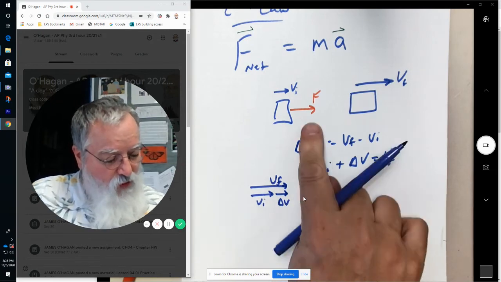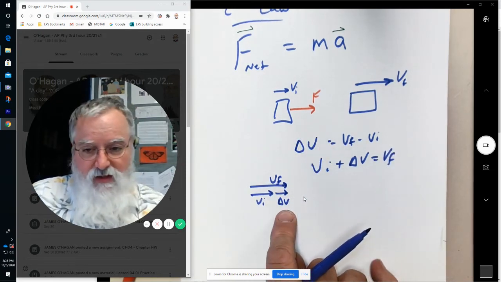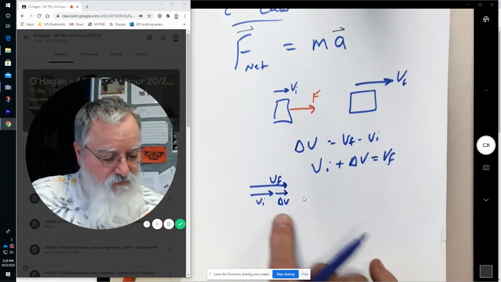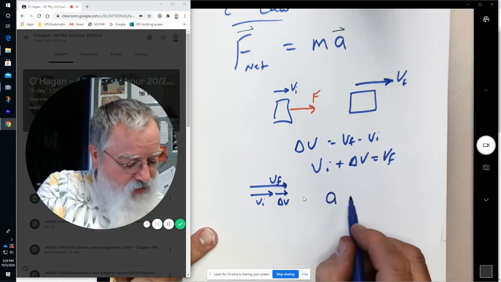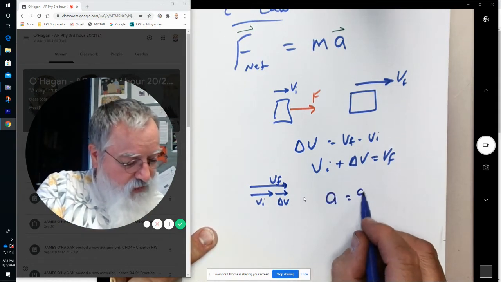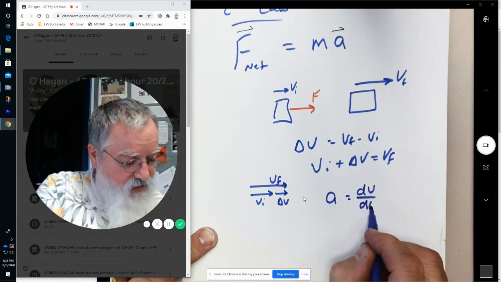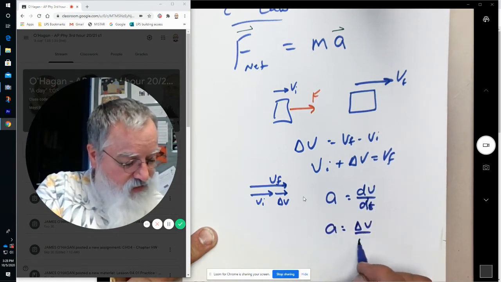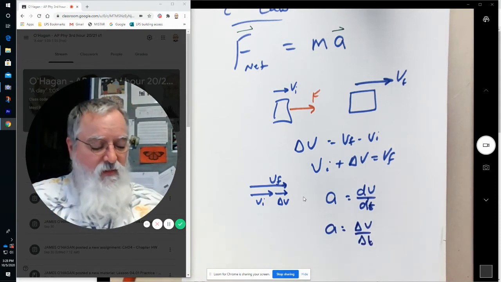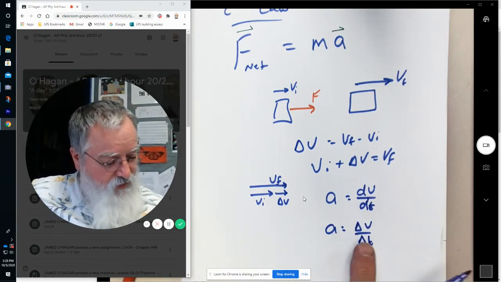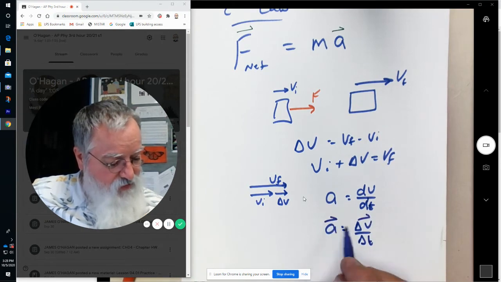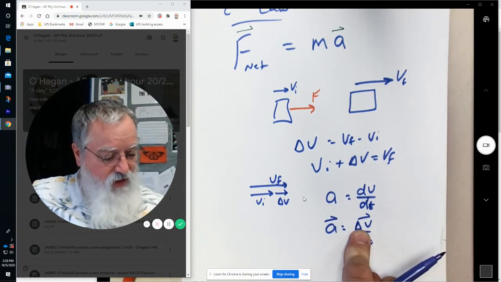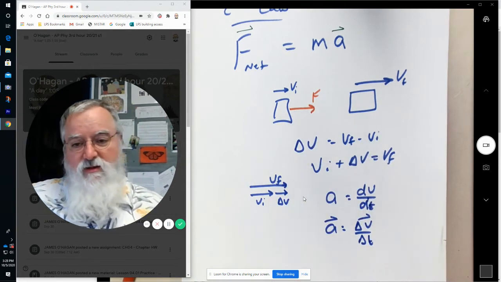So the force pointed to the right, the change in velocity is to the right. And remember, acceleration is dv/dt, if you want to do it with calculus, or we can just say acceleration is change in velocity over change in time. The direction of the change in velocity is the direction of the acceleration. Direction of the change in velocity is always the same as the direction of the force.